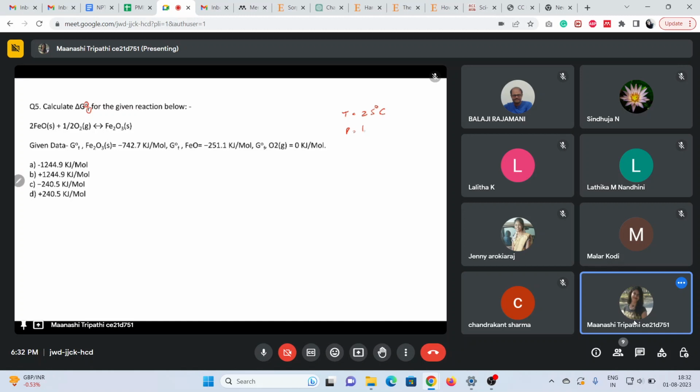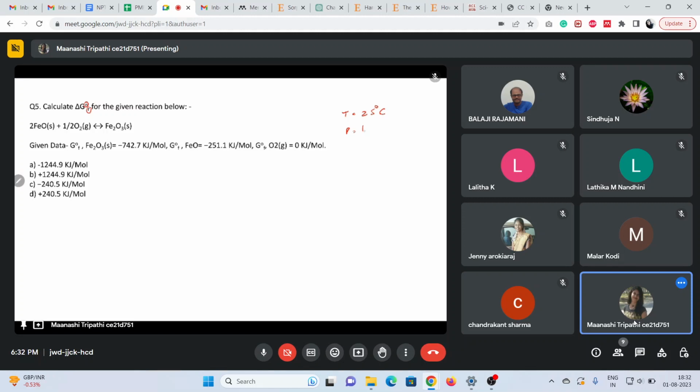So this is the standard condition, and here data is also in the form of standard condition. So it's a very quick question. So please try to find out the Gibbs free energy of the reaction, and these are the options.